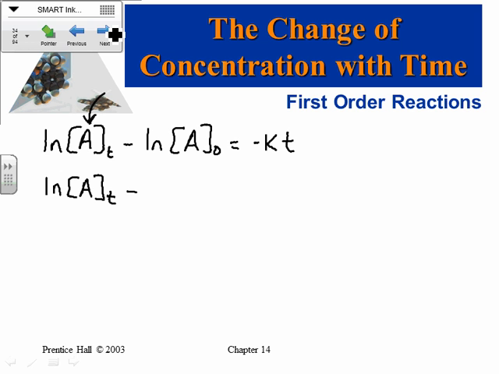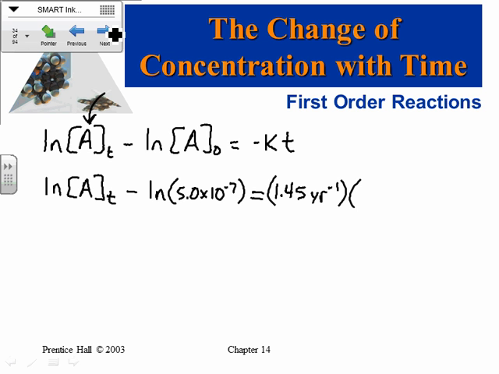Minus the natural log of the concentration at time 0, which is 5.0 times 10 to the negative 7th. We're going to have some fun with natural logs today. And that equals negative kt, and our k here is 1.45 years to the negative 1.